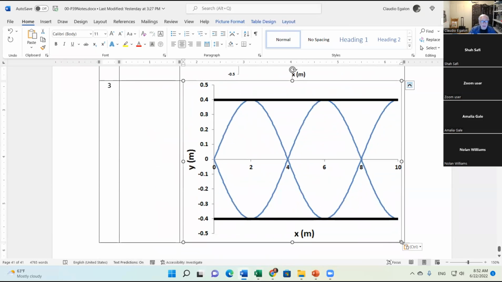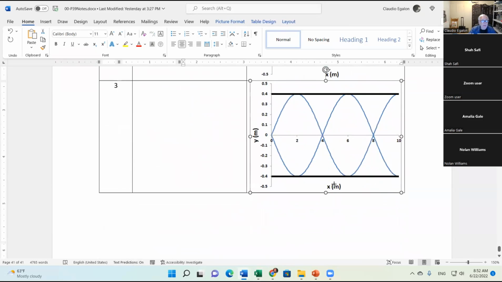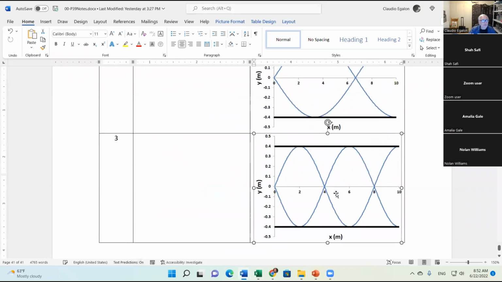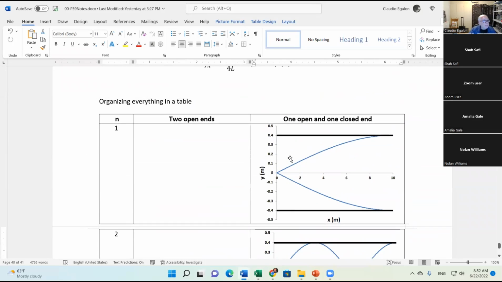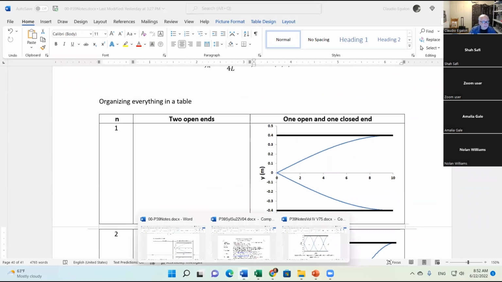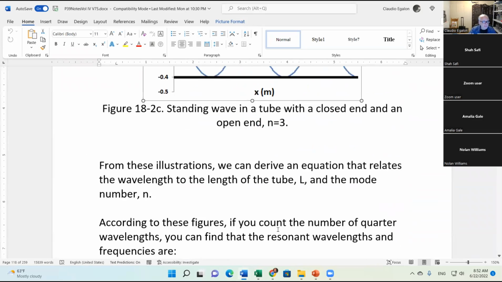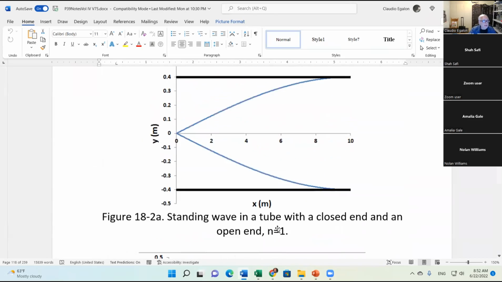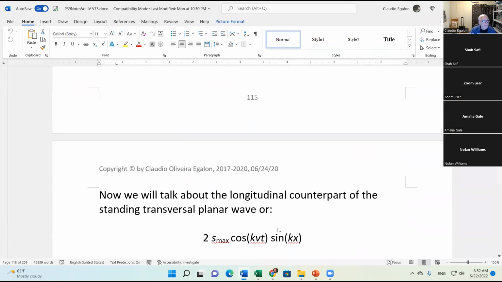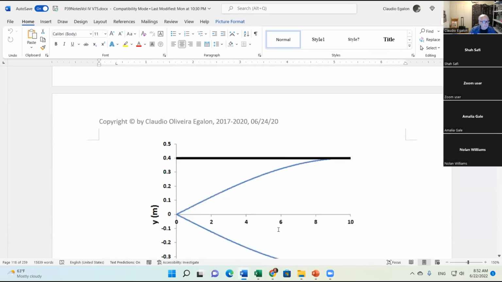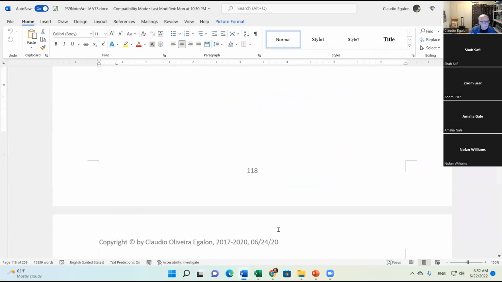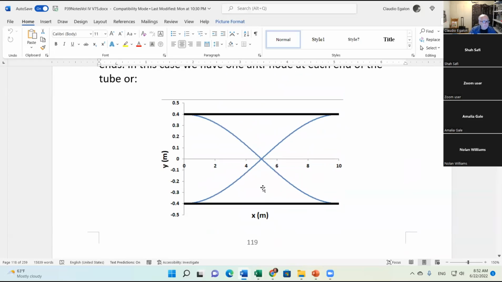Let's see how they compare, right? We do those tables to see how they compare with one another. Two open ends. Open ends like here. Not here, put it down there.